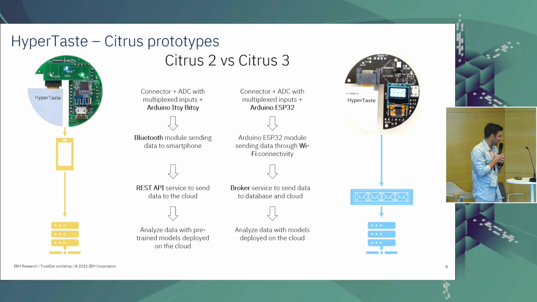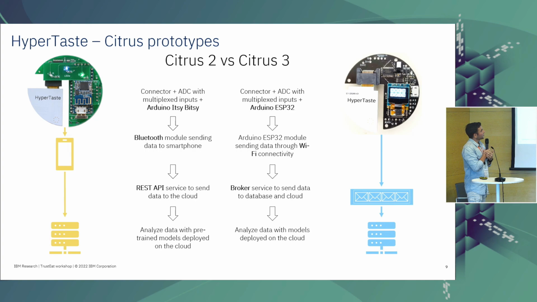We call our sensor Citrus because of the citrus shape. Imagine a lemon dipping into a glass. And we have two different generations. There was a previous one which was just able to stream out data, but here I explain two implementations to recall the different communication services that we can have.